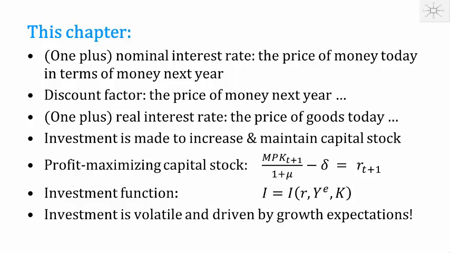And we learn that 1 plus the real interest rate is the price of goods today in terms of goods next year. We also learned that investment has 2 motives: to increase the capital stock and to maintain the capital stock that you already have. And we found a key condition that determines the profit maximizing capital stock.